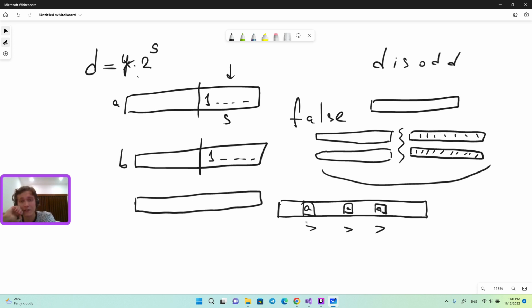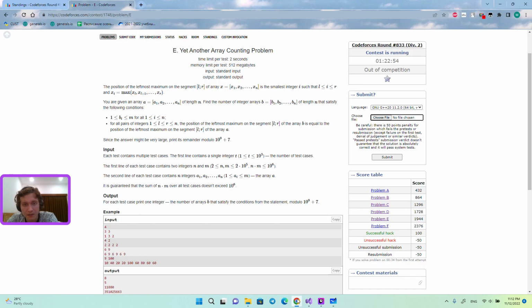There's actually no difference. Moreover, if we have some maximum, then these two halves can live separate lives because this is the maximum. So what do we do here?